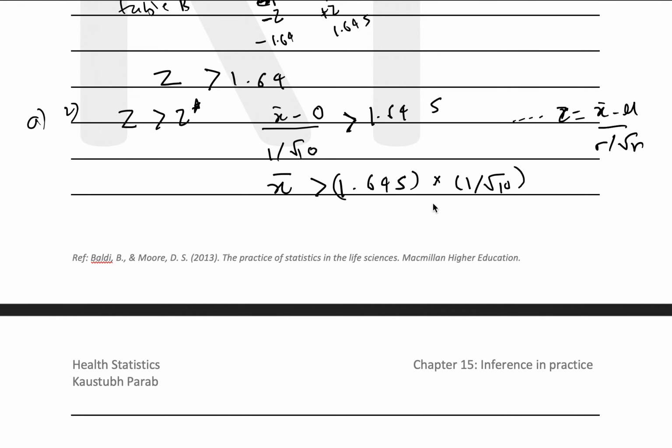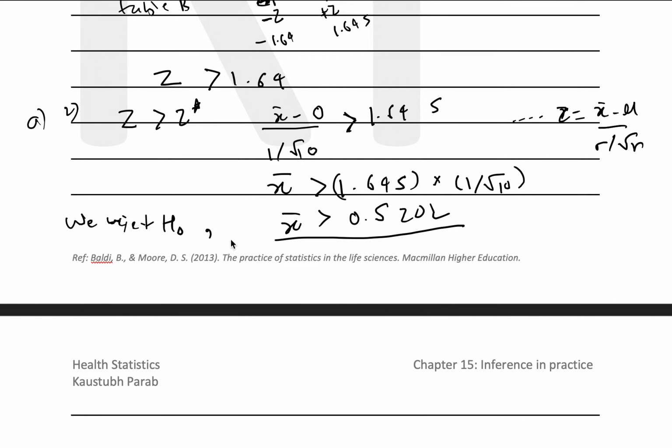And if you solve that mathematically, you are going to get the answer that x bar should be greater than 0.5202. So that is the x bar that we are going to get when we reject the null.